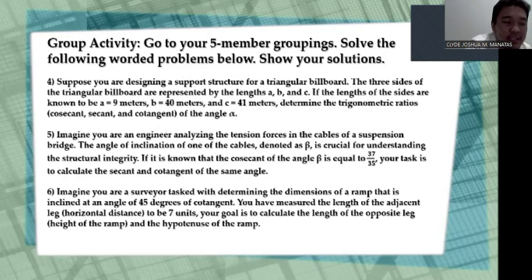So we know that the cosecant beta is equal to the hypotenuse over adjacent, right? So to find the missing one, we have to use the Pythagorean theorem. And it was what?